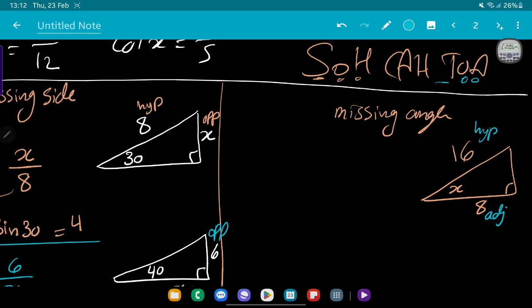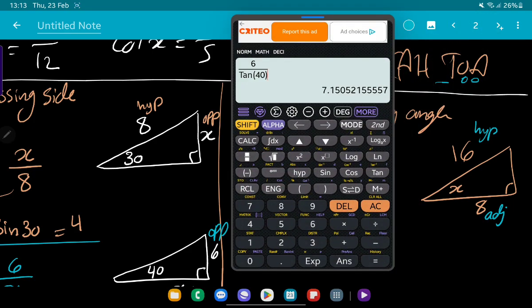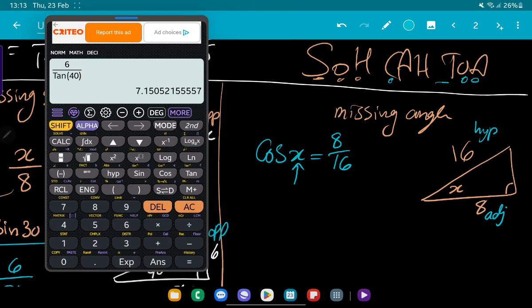Adjacent and hypotenuse, you will use cosine, so you should write cosine x, which is unknown, is 8 over 16. To find out this, it's very easy in the calculator. Instead of writing cosine x, the angle is missing, so we will write shift cosine, which is here, and write the bracket, shift cosine 8 over 16, then press equal. The answer is 60.